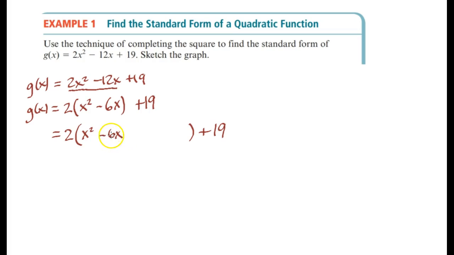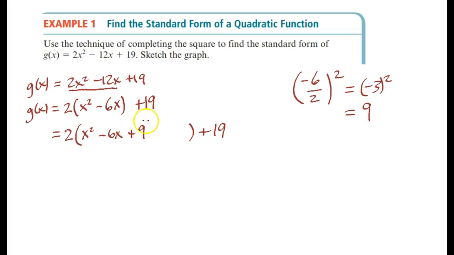We look at the coefficient in front of the x, which is negative 6, and we divide it by 2, and then square it. Negative 6 divided by 2 is negative 3, and squaring it is equal to 9. So we need plus 9 to complete the square.